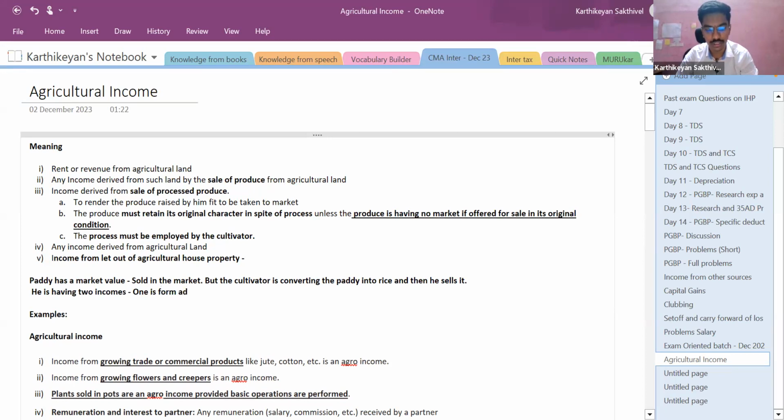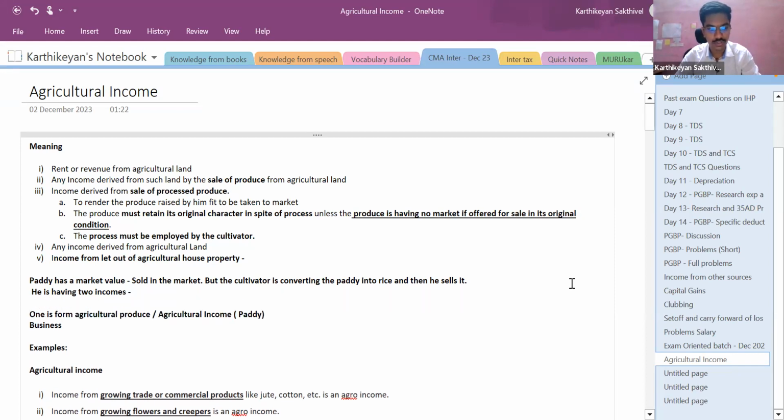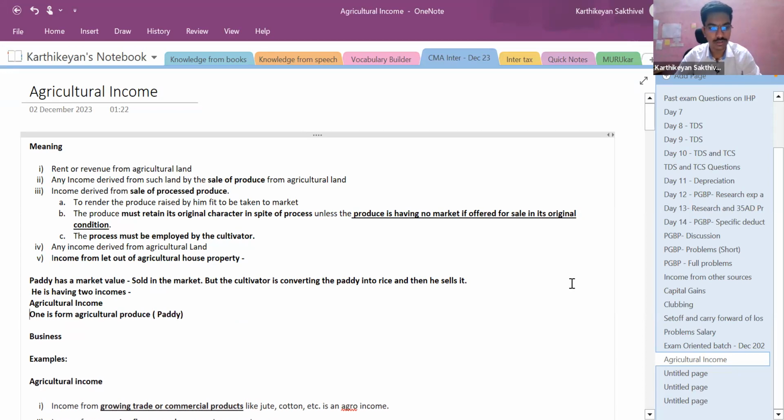One is from agricultural produce or agricultural income, which is paddy. Okay, next is, first one is agricultural income, which is from agricultural produce, paddy.